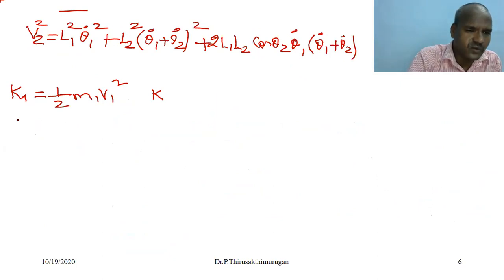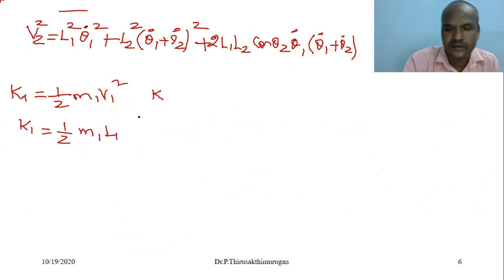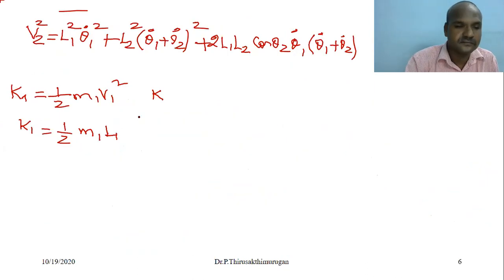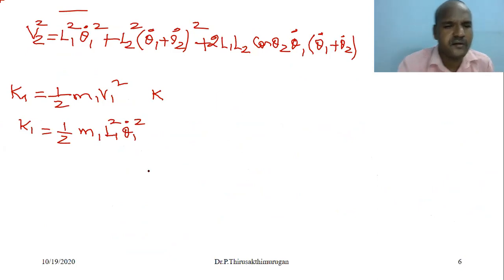K1 equal to half M1 L1 square theta 1 dot square.